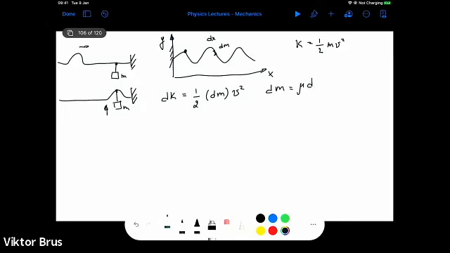So now we need to think about this speed. As we mentioned, this element of the string will follow some simple harmonic motion.